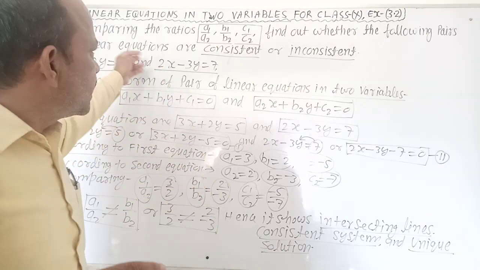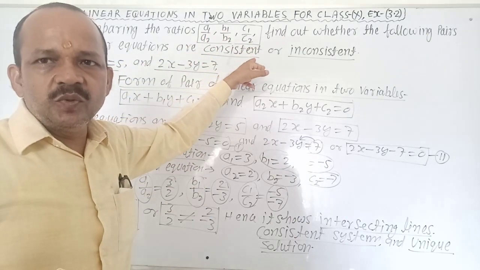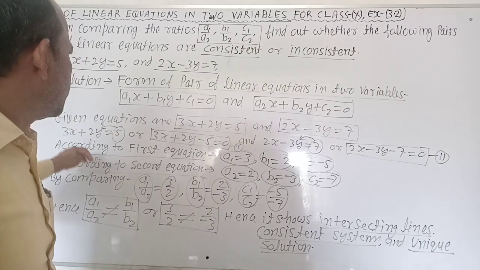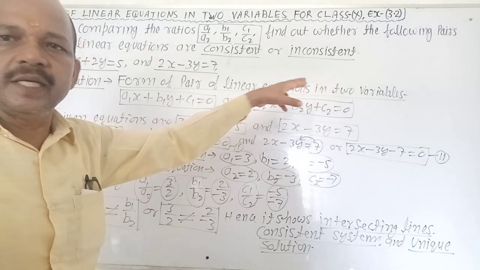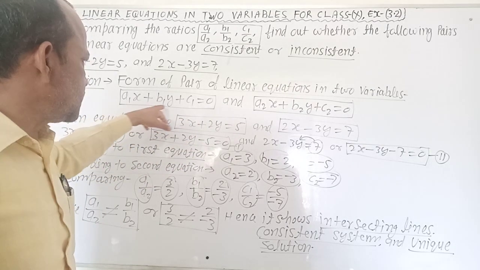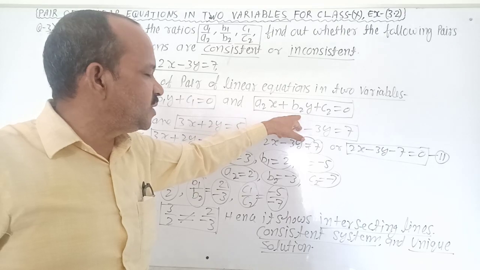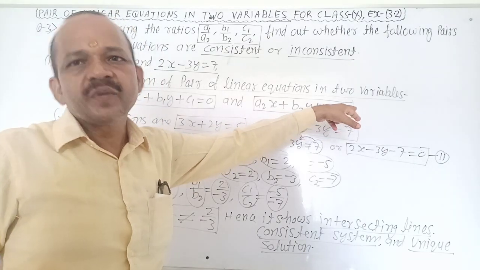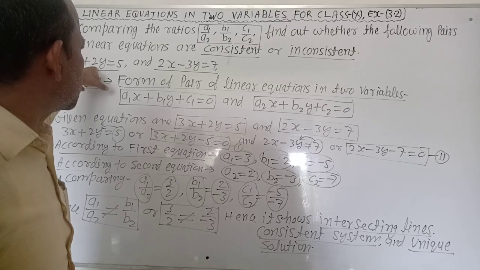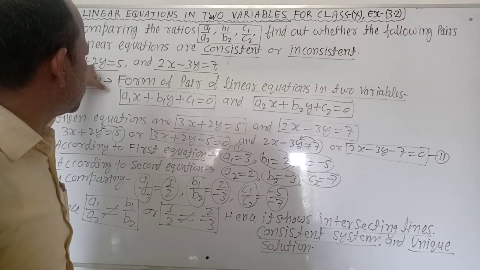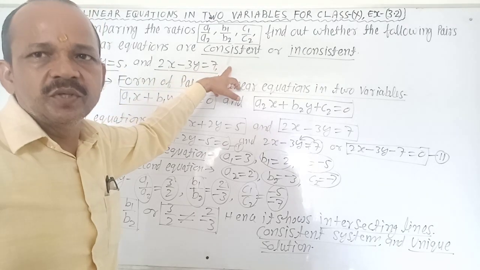You compare a1/a2, b1/b2, c1/c2 with the help of the form of pair of linear equations in two variables, a1x plus b1y plus c1 equal to 0 and a2x plus b2y plus c2 equal to 0, and the equations 3x plus 2y equal to 5 and 2x minus 3y equal to 7.